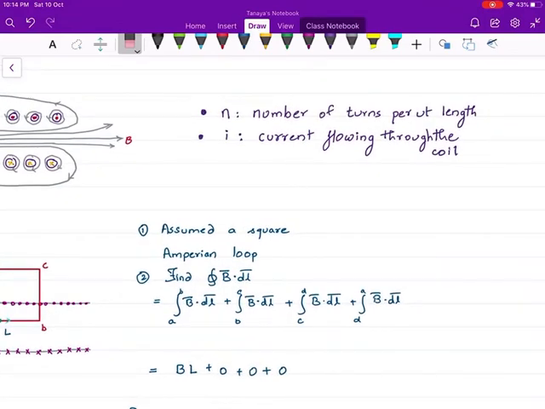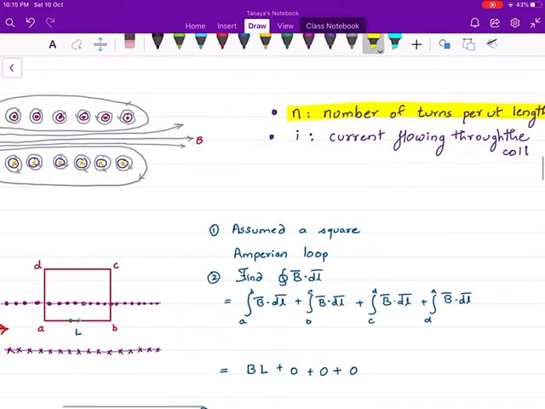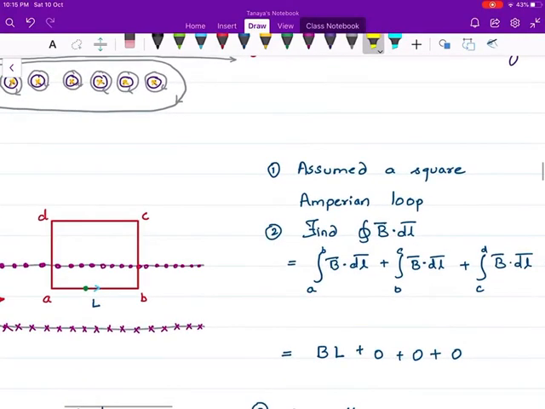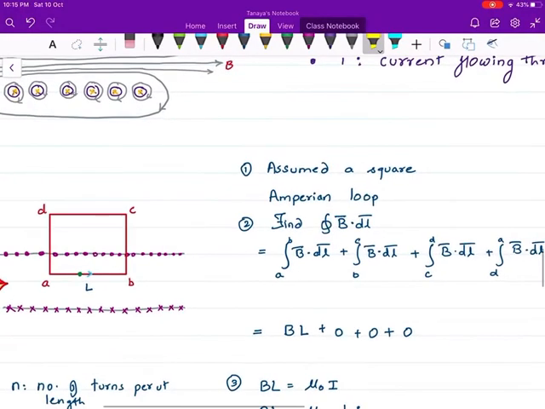Suppose small n is the number of turns per unit length. Per unit length of the solenoid, the number of turns is small n. Small I is the current flowing through the coil. Now we have assumed an Amperian loop which is in the form of a rectangle or a square. You can just say anything.